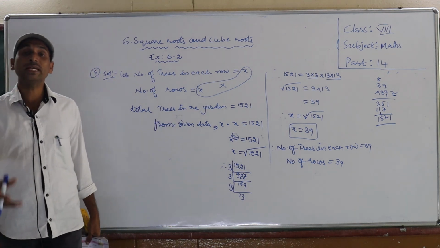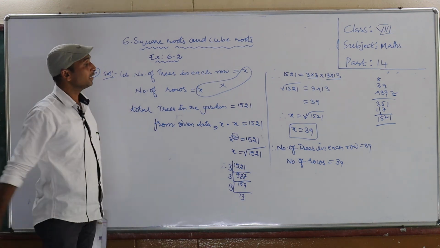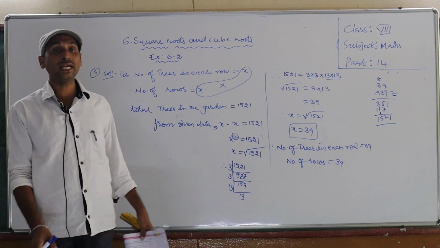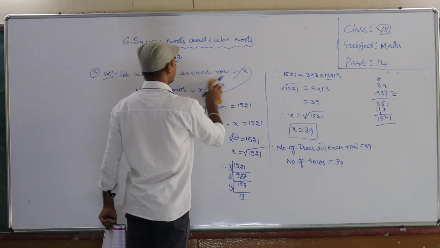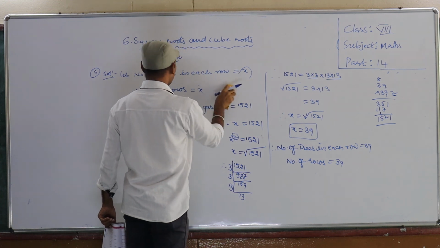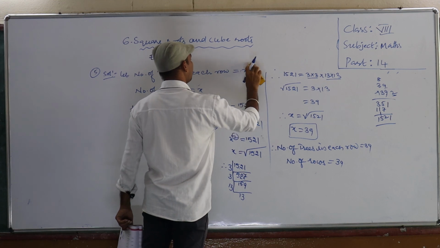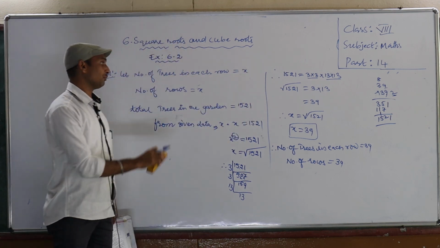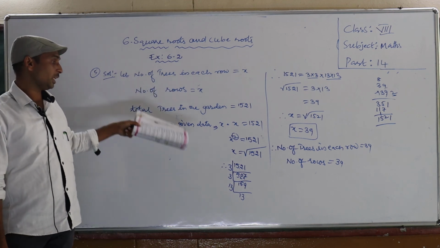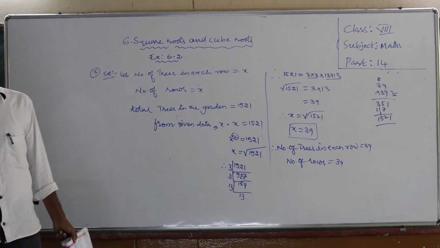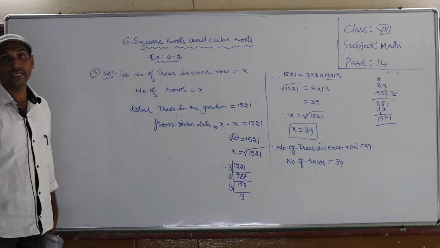In each row how many trees are there? 39. This is how to find the solution: first we take the number of trees in each row as x, and at the same time the number of rows also x. So children, in the next class, next video, we will discuss the next problems.